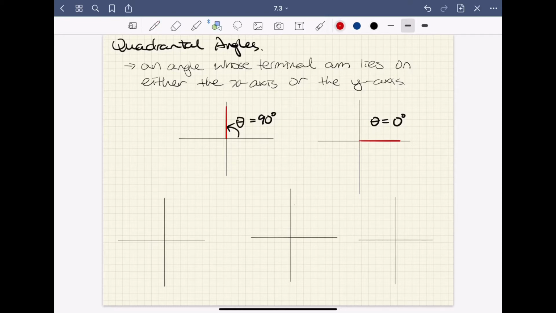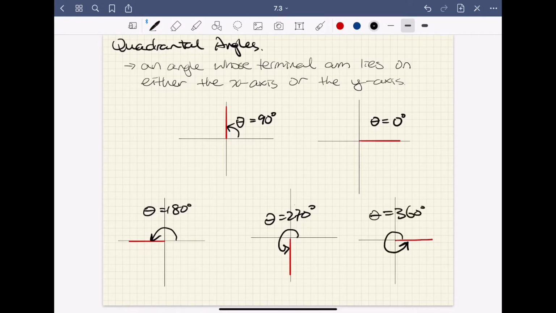And so we know that this one, the 180 degrees angle, or this one, the 270 degrees angle, would also be quadrantal angles, right? And of course, we can have this one, the 360-degree angle.